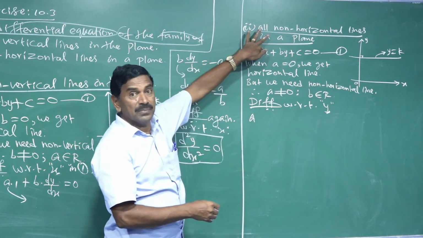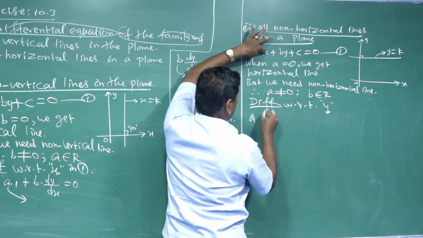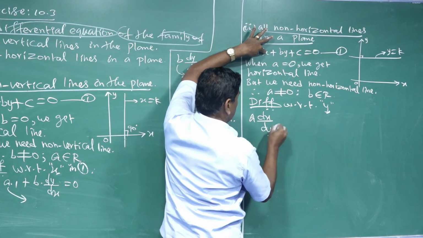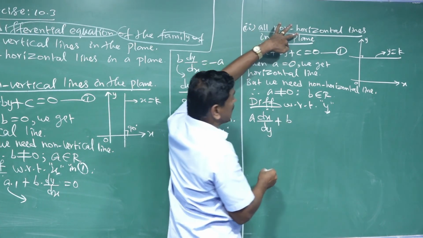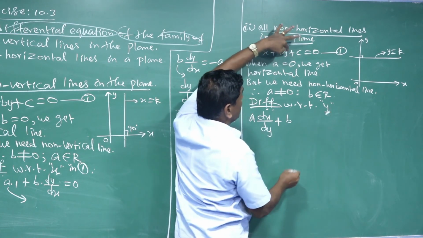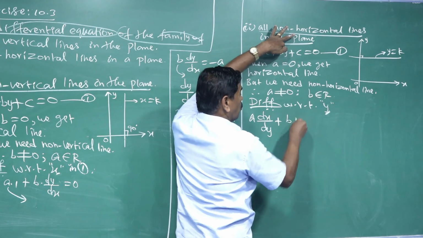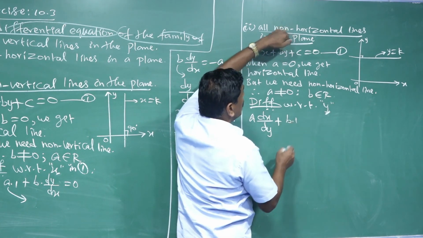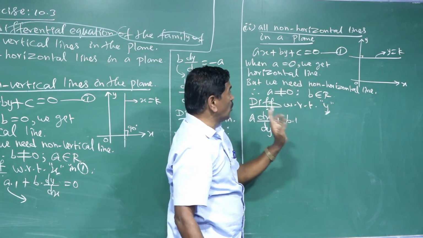Can you tell me yourself? Yes, the differential of x with respect to y is dx by dy, plus b into the differential of y with respect to y. The differential of y with respect to y is dy by dy, which is equal to 1.